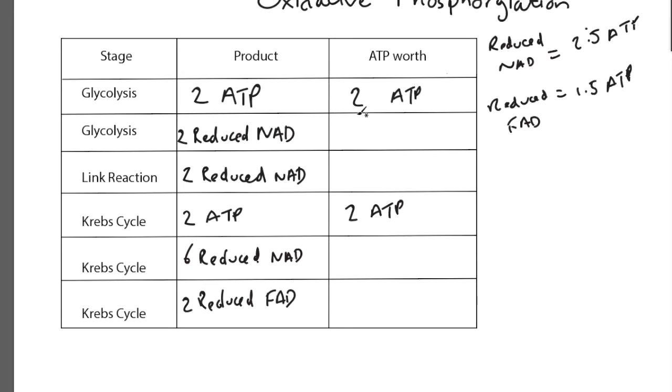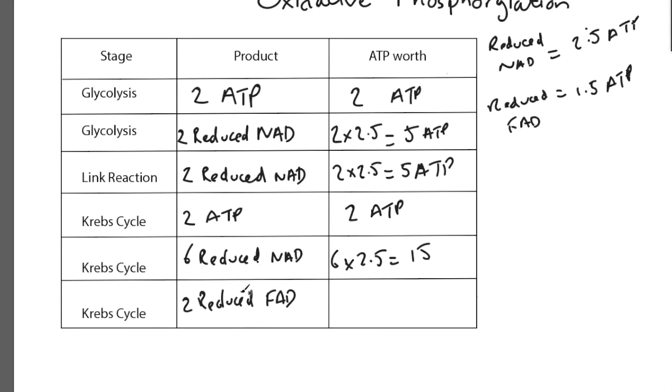So we had 2 reduced NAD, so 2 times 2.5 equals 5 ATP. The same again, 5 ATP. We have 6 here, so 6 times 2.5 equals 15.